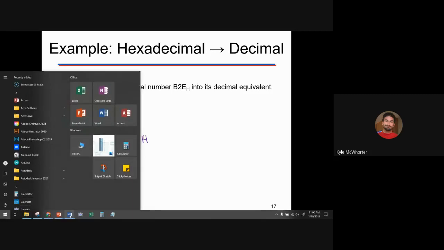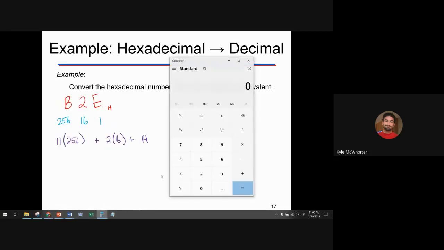Now we're going to use a calculator. So 11 times 256 is 2,816. Then I'm going to add 2 times 16 is 32. So I'm going to do plus 32, and then I'm going to add 14. Plus 14, and I get 2,862.